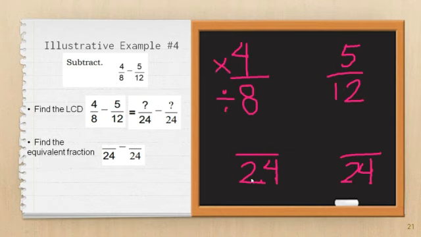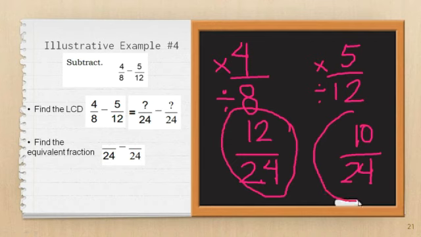Ta-times natin sa taas. 24 divided by 8, that's 3. Times 4, that's 12. 24 divided by 12 times 5. 24 divided by 12, that's 2. Times 5, that's 10. So, ibig sabihin, we have 12 over 24 and 10 over 24 as equivalent.